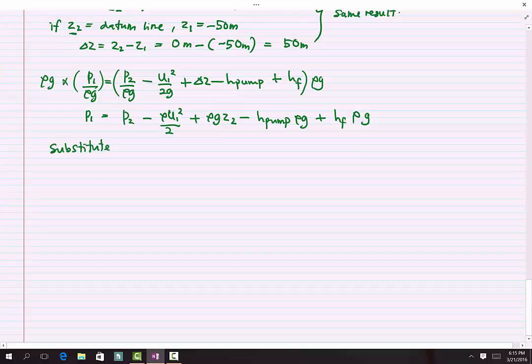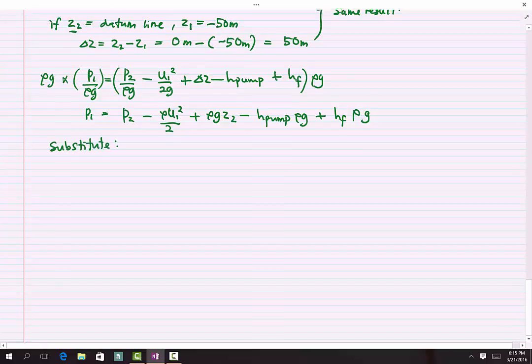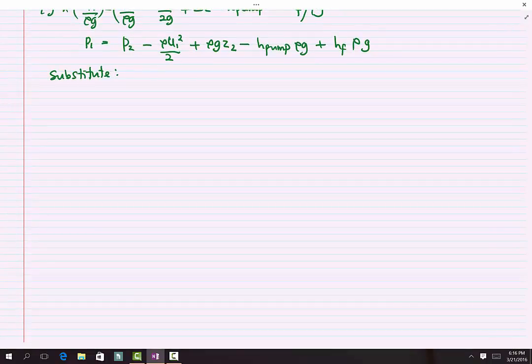to get the value for P1. P2 is at PATM because it is exposed to the ambient. Therefore, the ambient pressure is PATM.